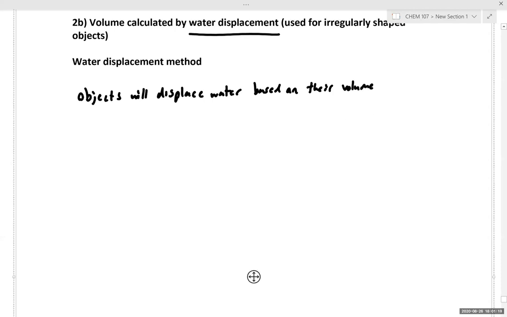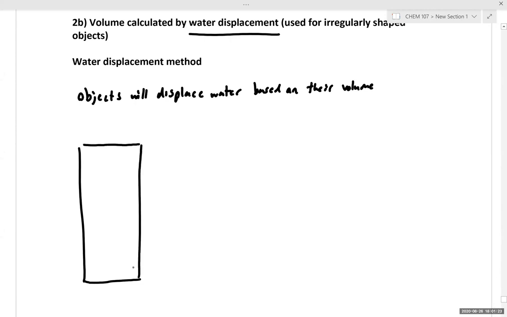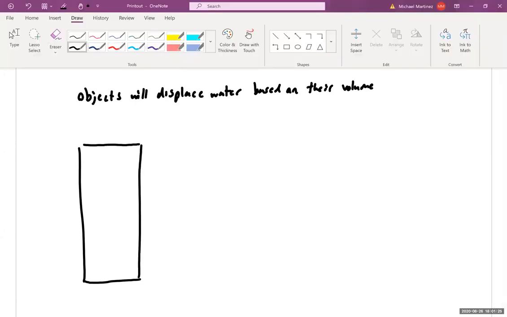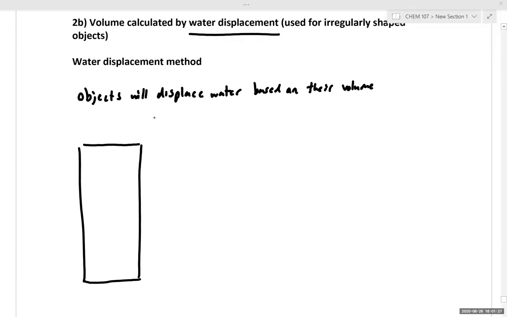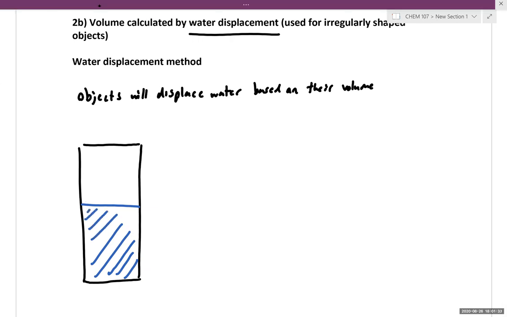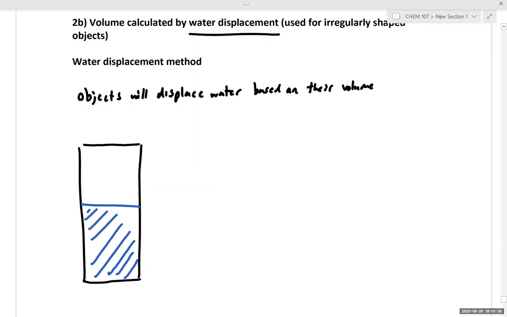So, for example, if we have a beaker containing water or another liquid, what we can do is we can record our initial volume. This is the initial volume of water.